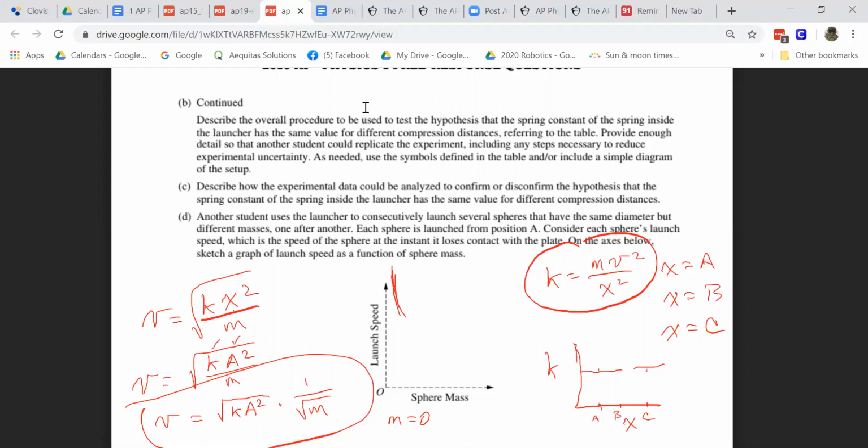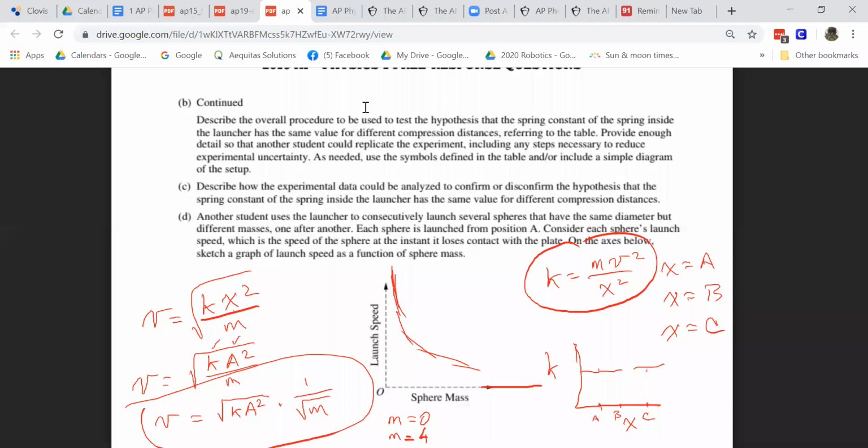And then let's say m is equal to 4. So the square root, so it'll be 1/4. Wait a minute. So the speed is going to decrease, yeah. So I think it's going to look something like this.